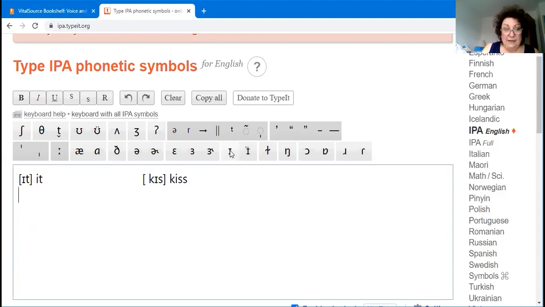And now, again, I'm going to go to your book and write more words. "Its." And in medial position, we have G, it gives you "give."